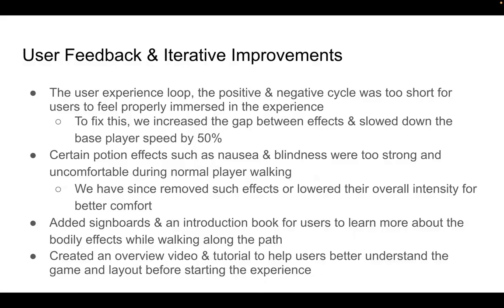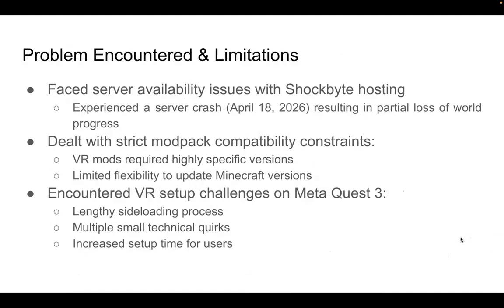Certain potion effects such as nausea and blindness were too strong, and in our initial pilot testing we found it was really nauseating, so we have since removed such effects or lowered the intensity. You still feel the effect but not as much. Then we added signboards and an introduction book to learn more about the body effects like walking along the path. And as you see in the demo, there's an overview video which tells you what to do and what not to do.